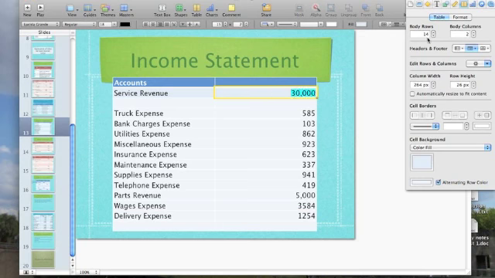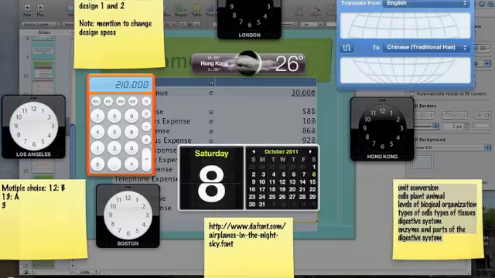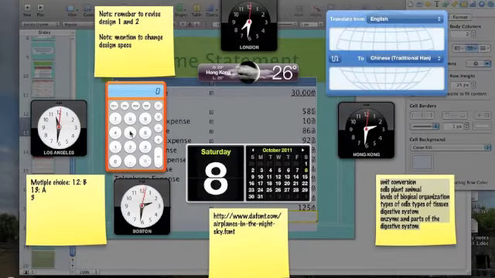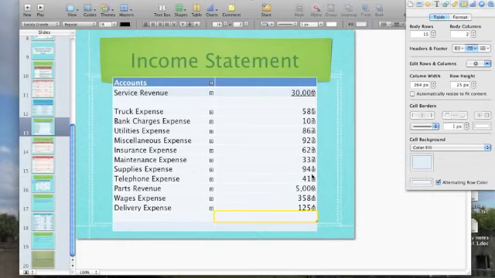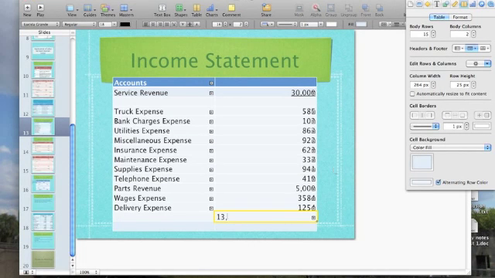Therefore, we must underline it. If we add all these, it equals 13,347.